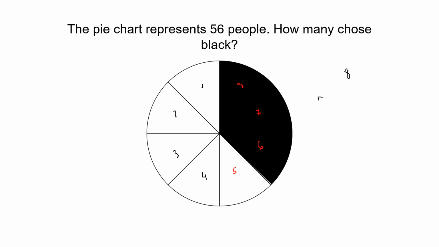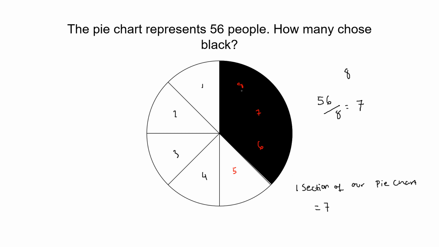If we have 56 in total and our pie chart has been split into 8 different sections, we do 56 divided by 8. And when we do 56 divided by 8, we get an answer of 7. So now we know one section of our pie chart is equal to 7.